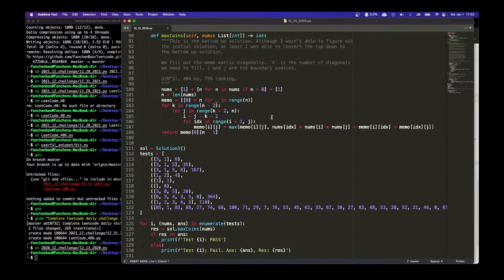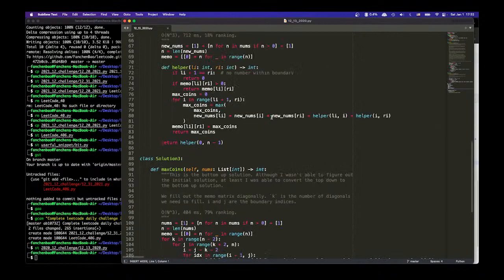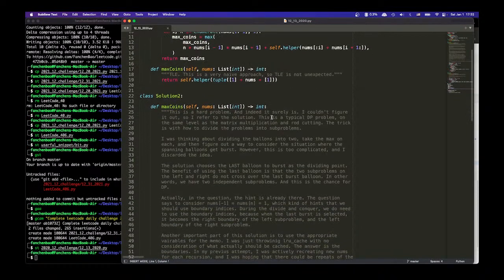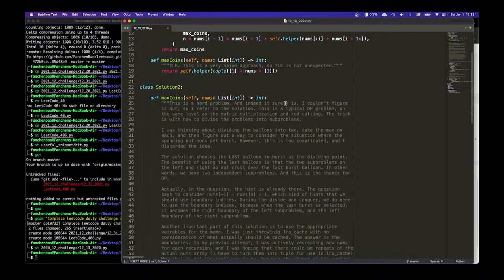Yeah, I was trying. Rod cutting. Yeah, definitely.